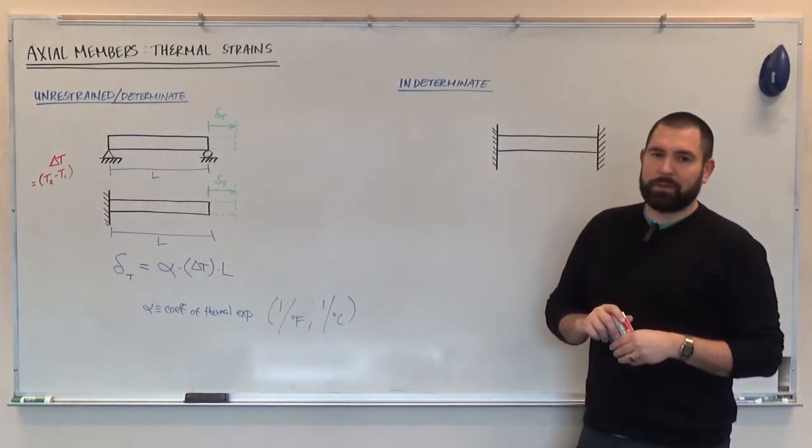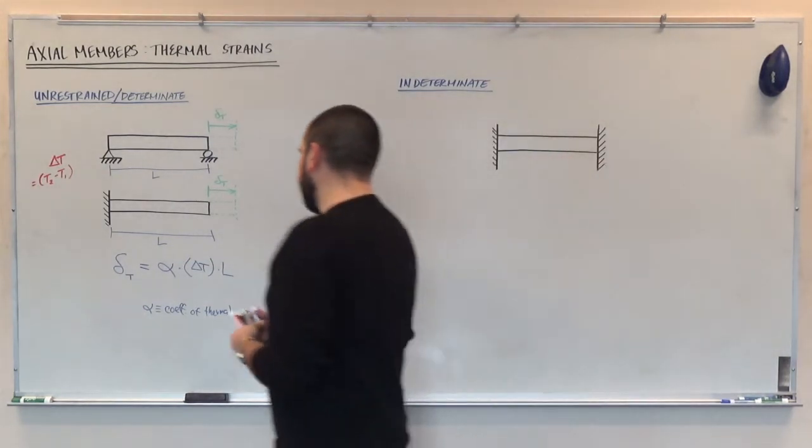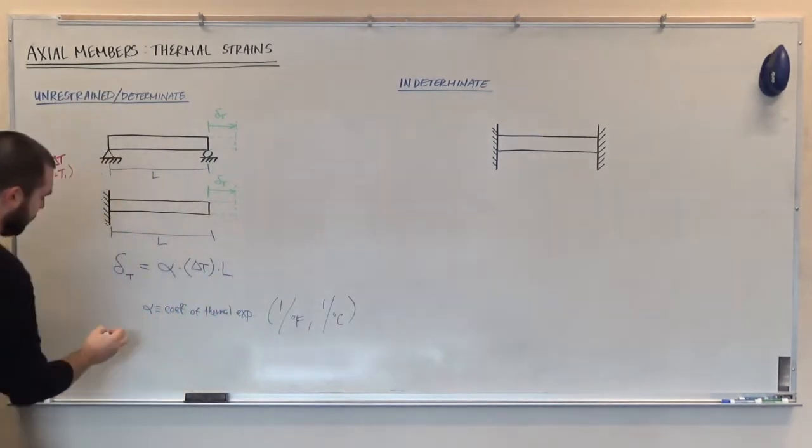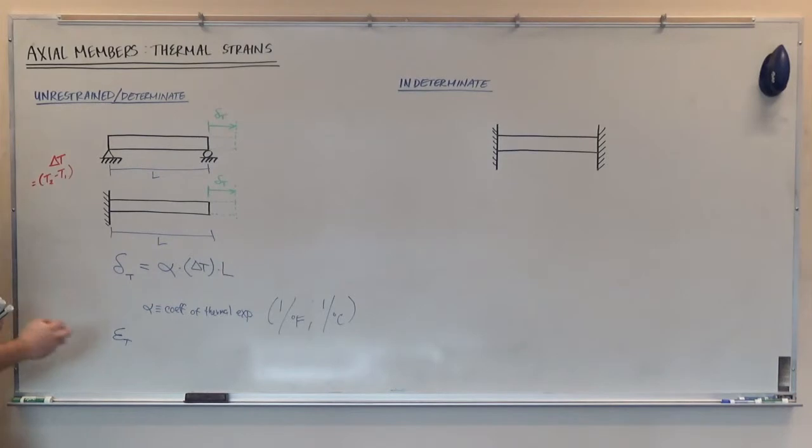Now, you can also calculate the thermal strain, and because we've already defined strain, let's say epsilon T for thermal strain. Our definition of normal strain in the longitudinal direction is equal to the change in length divided by the original length.